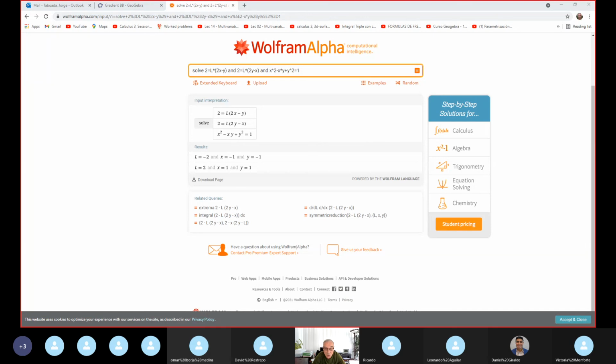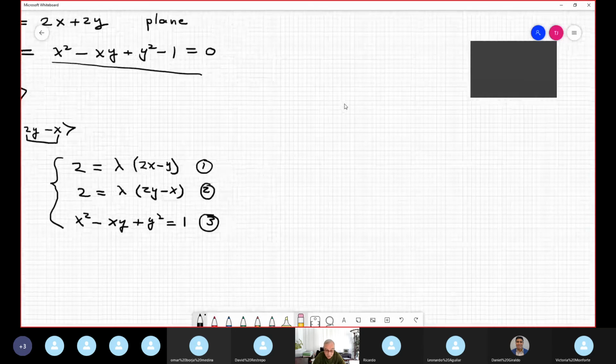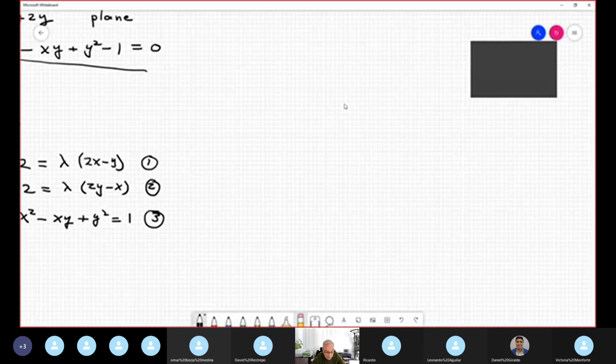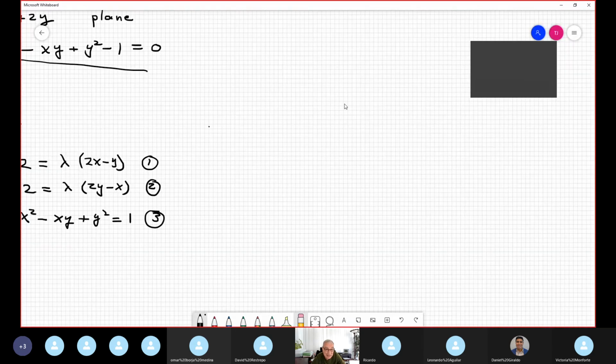Okay, the conclusion was that lambda is equal to -2 at the point (-1, -1), and lambda is equal to 2 at the point (+1, +1).